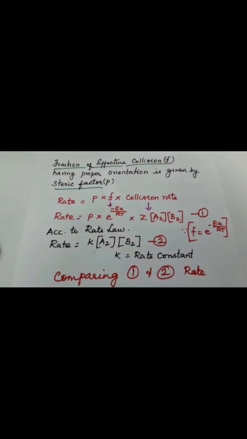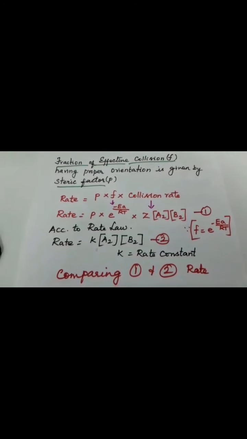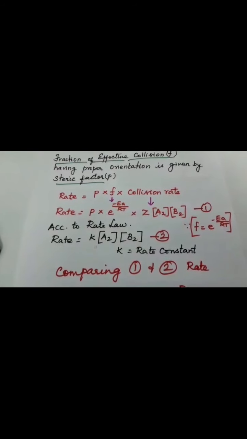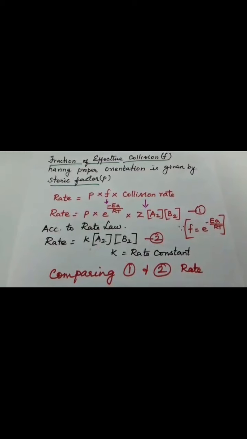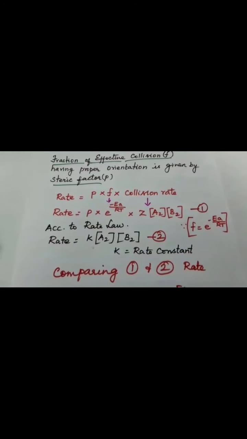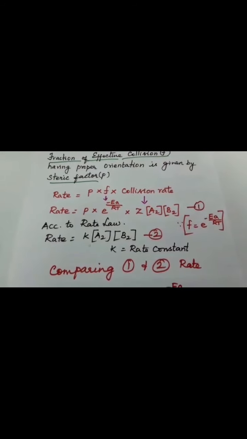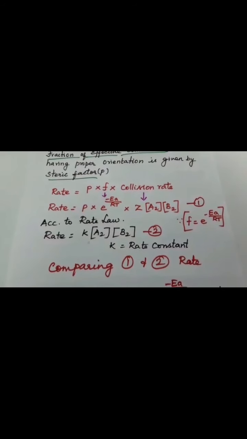Rate is equal to P, the steric factor, times f, the fraction of effective collision, multiplied by the collision rate. The fraction of effective collision is given as e power minus Ea by RT, where Ea is the activation energy, R is the gas constant, and T is the temperature, and this is multiplied by the collision rate.